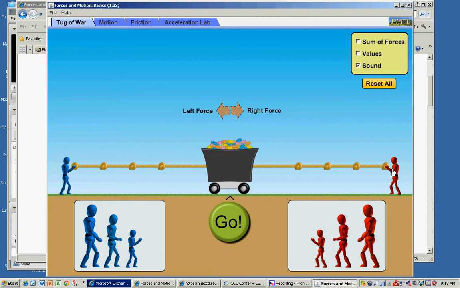So we can bring another person in there. If the two forces pulling on the cart have the same magnitude, but as you expect, the red dude is going to pull to the other side, these two forces cancel out, so the cart doesn't move.